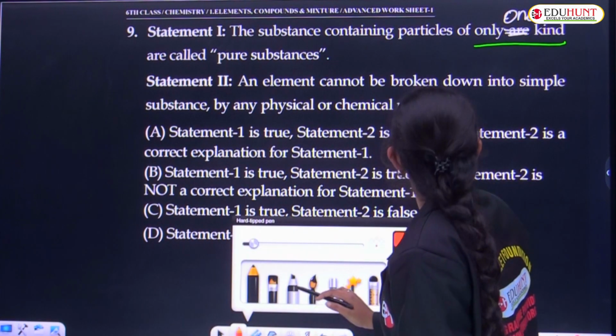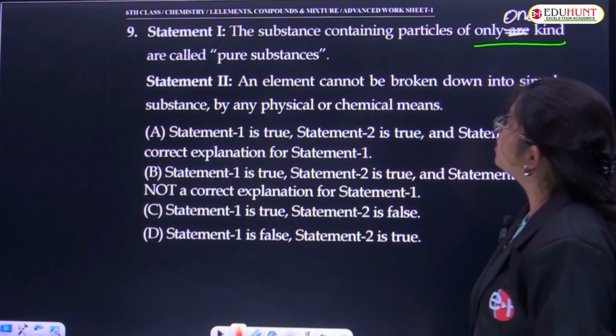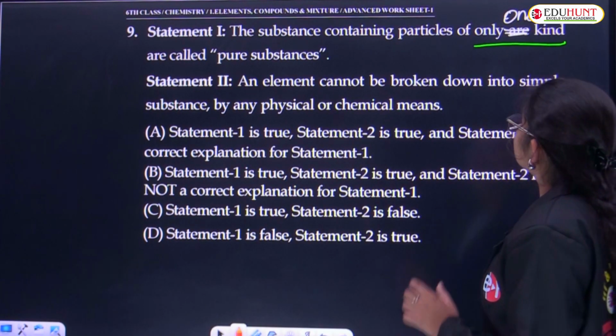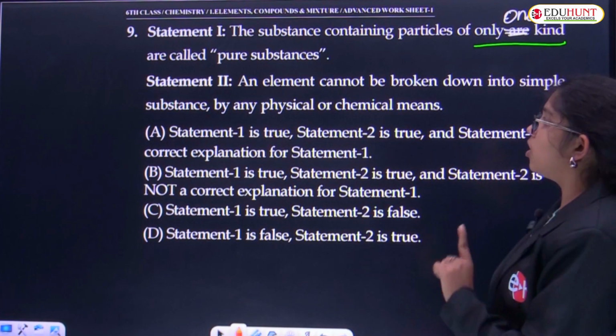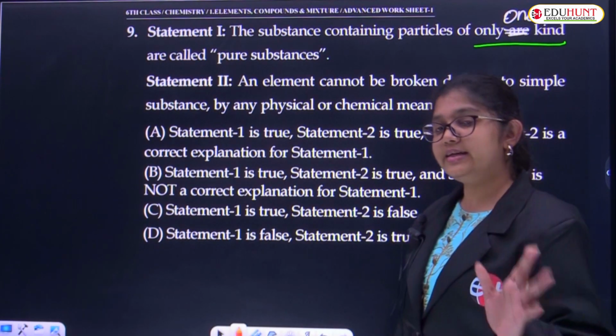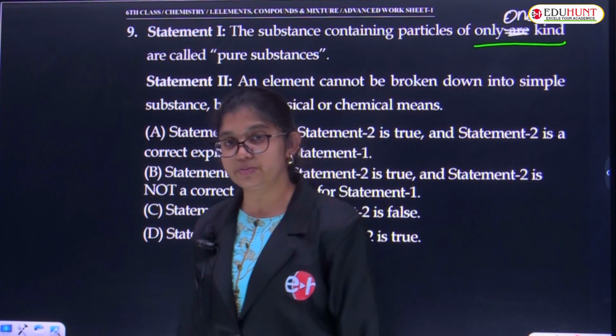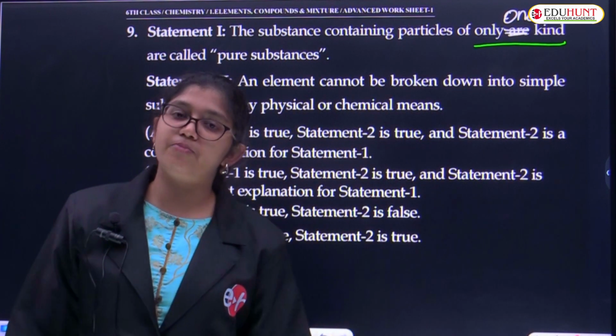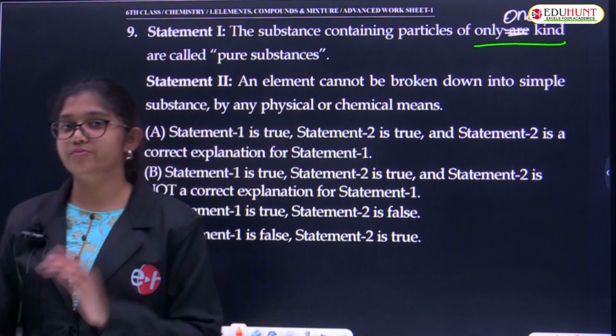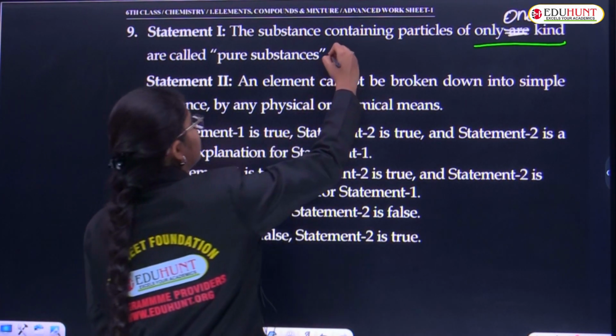The substance containing particles of only one kind is called a pure substance. Clearly, it's the definition of a pure substance, where the particles should be of only one kind. So the statement is absolutely true.